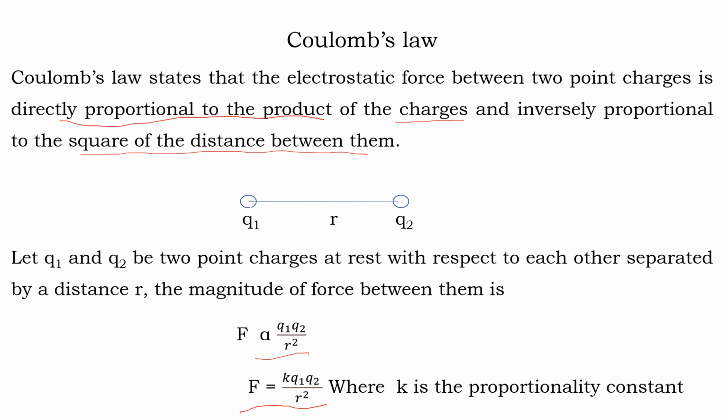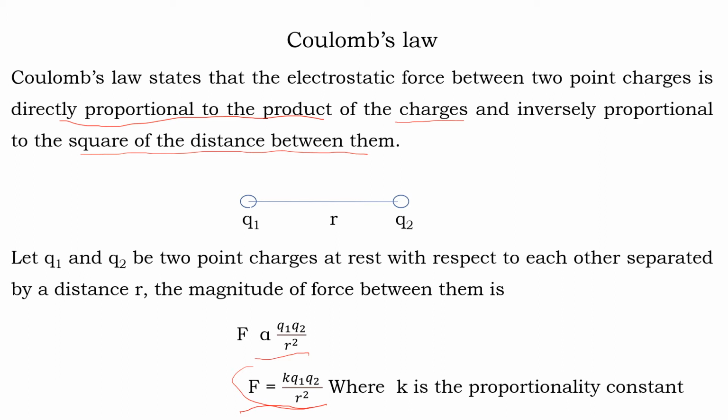This equation shows a direct relation with charges and an inverse relation with distance. That is, if we increase the magnitude of charges, then the force will increase. But if we increase the distance of separation between the charges, the force acting between them decreases.